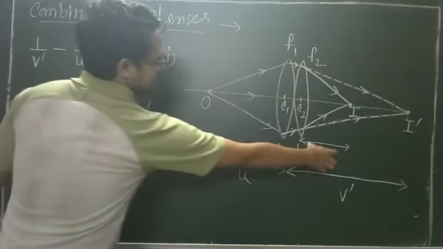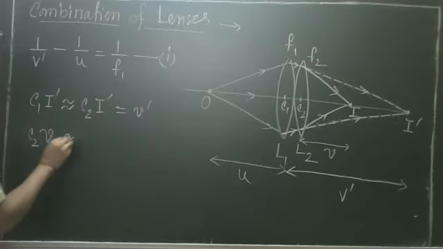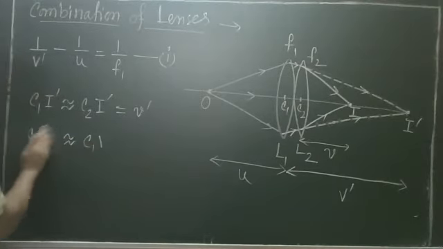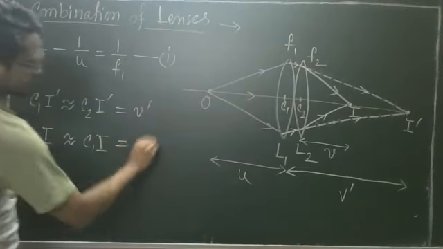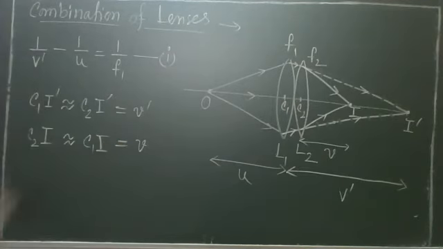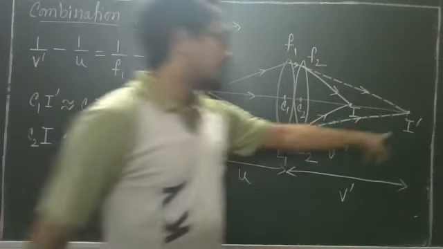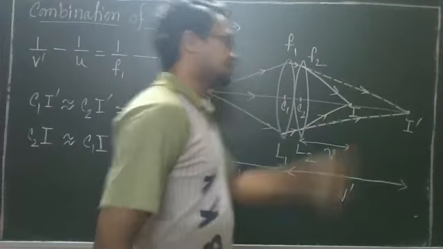And V is measured from C2, so C2I is almost equal to C1I, equal to V. These two things you will mention. After that, we will use the second lens. For the second lens, I prime is the object and this is the image.